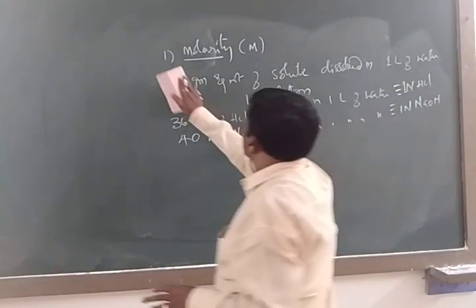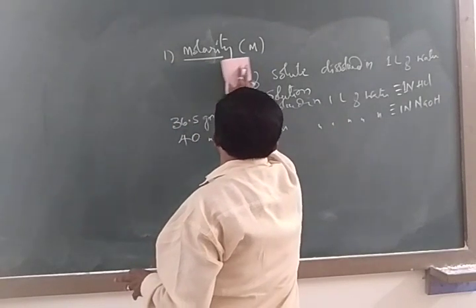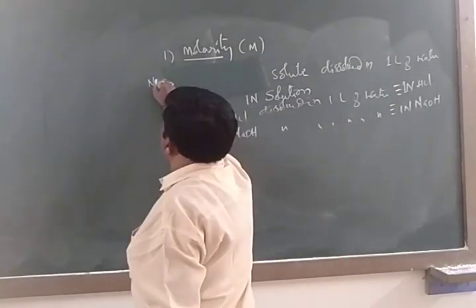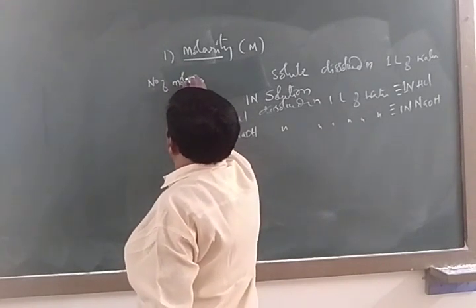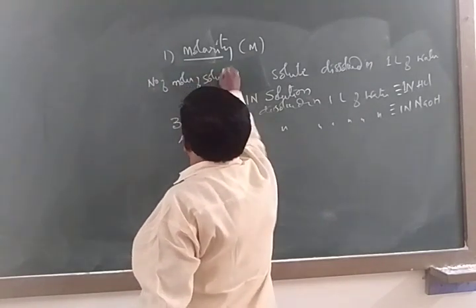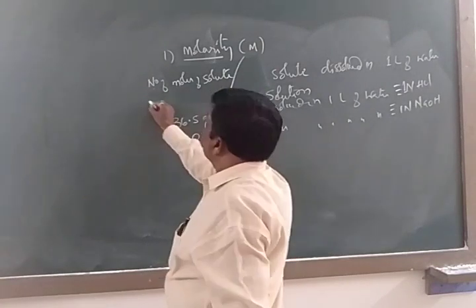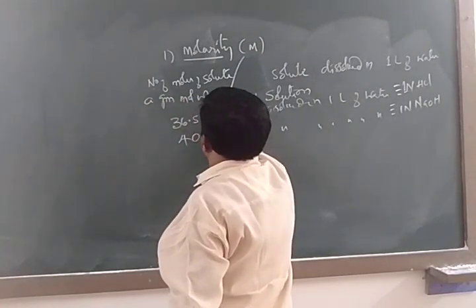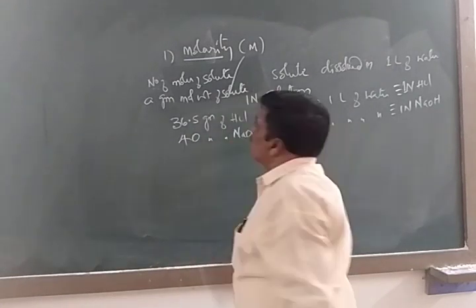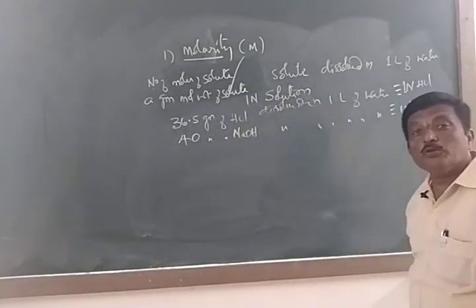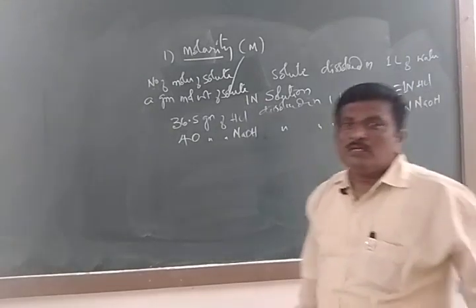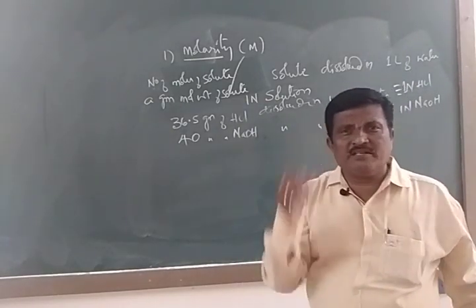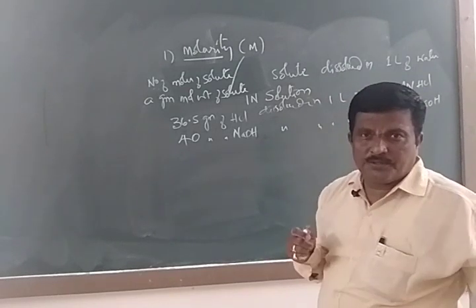Molarity of a solution is defined as the number of moles of a solute or a gram molecular weight of a solute. Number of moles of a solute. Because already you may have come across the concept of mole, isn't it?